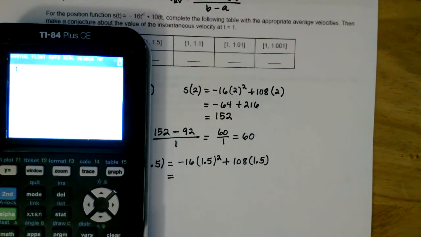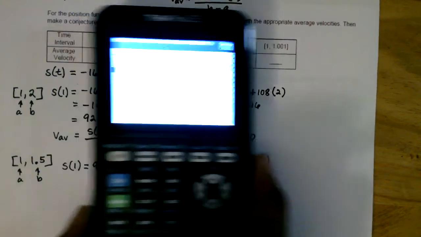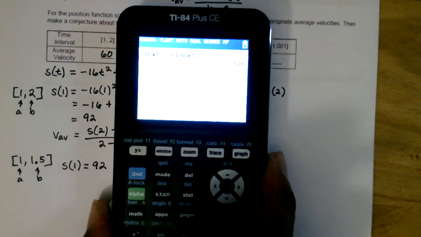Negative 16 times 1.5, and then we need to square it, plus 108 times 1.5. And then hit enter. We'll get 126. So S of 1.5 would be 126.